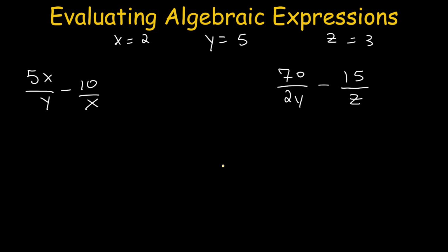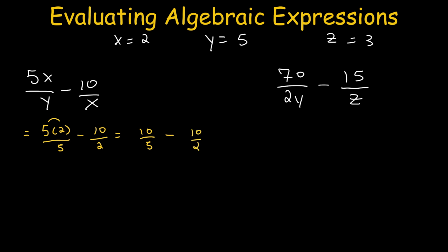Now let's practice evaluating expressions by subtracting these fractions. Let's replace the letters with numbers. That will be 2, y is 5, 10, x is 2. Right. So now let's multiply 5 times 2 is 10 over 5, and we have 10 over 2.